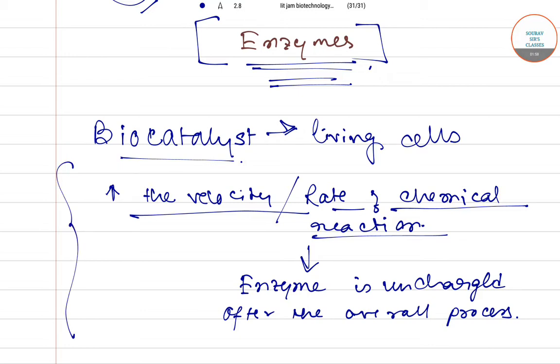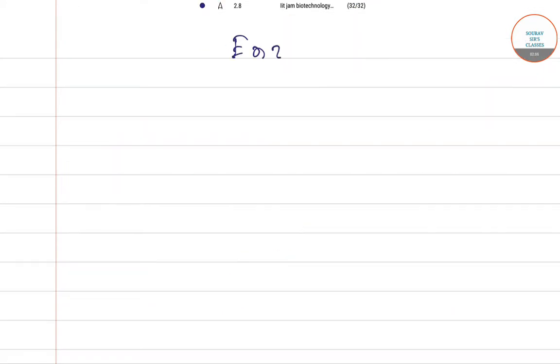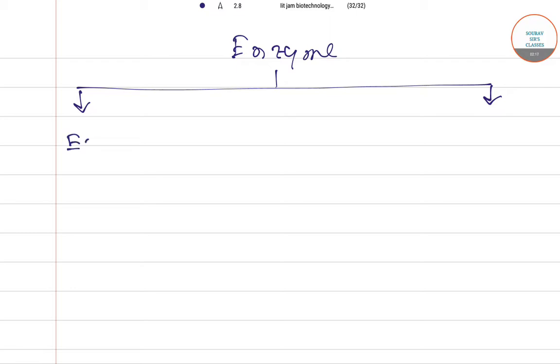Now these enzymes can be divided into two parts, on the basis of the activity, or how they act. First is endoenzyme, and the second one is exoenzyme.